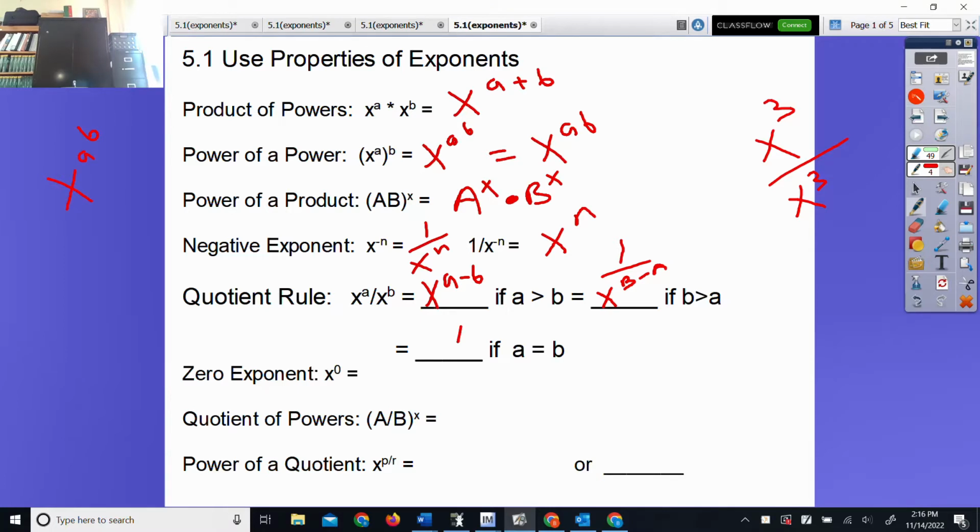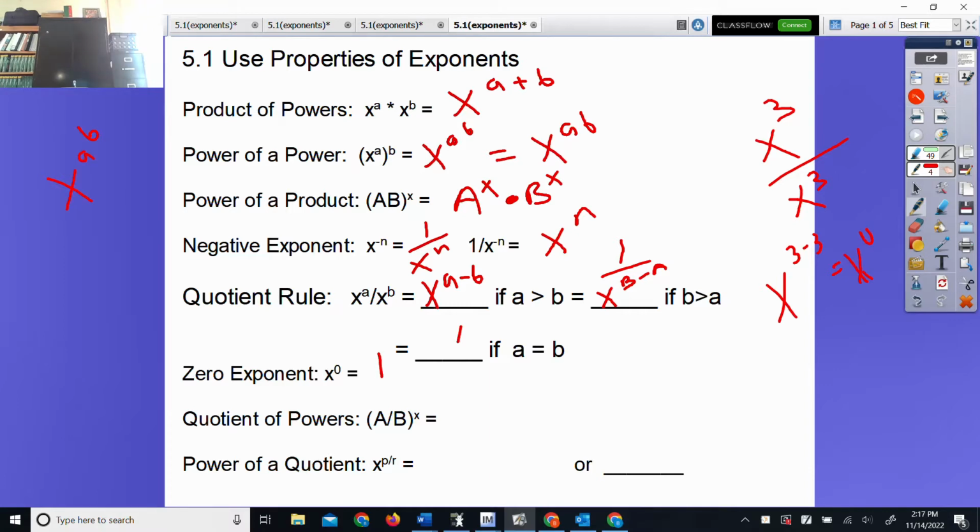You know why? x cubed over x cubed: what are you supposed to take away? You're supposed to take away 3 from 3, aren't you? So that's x to the 3 minus 3, which is x to the 0, which is already defined to be 1.